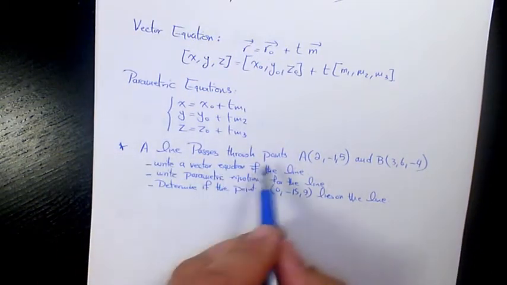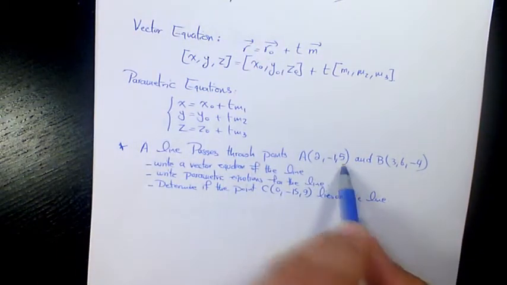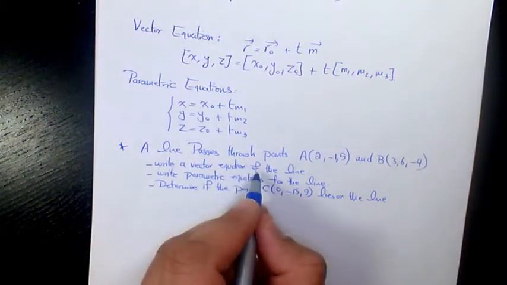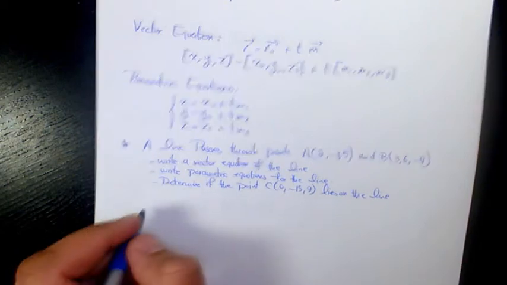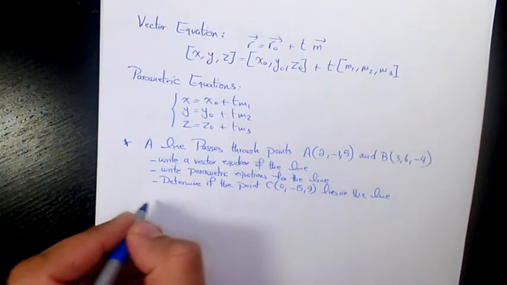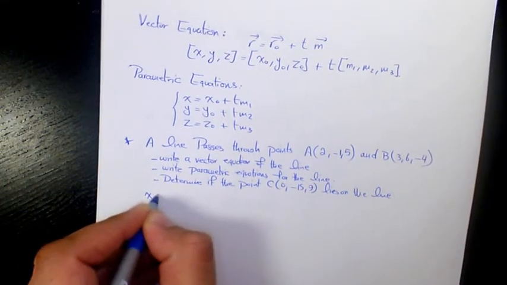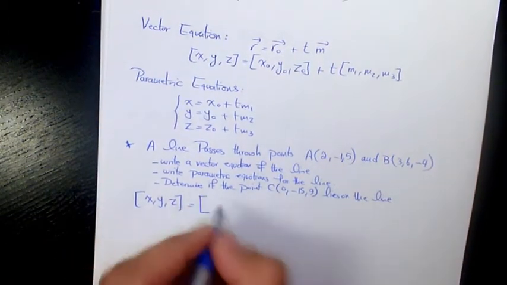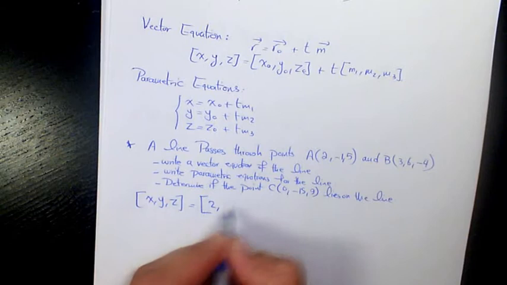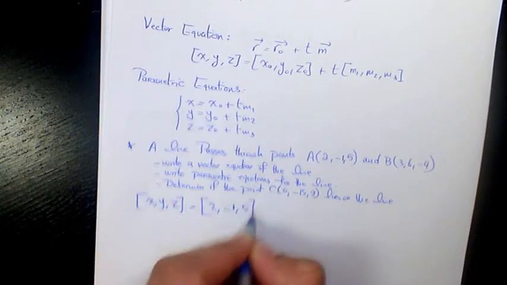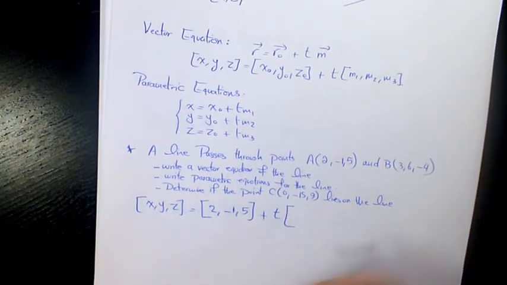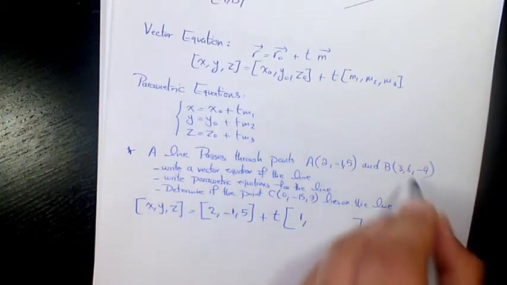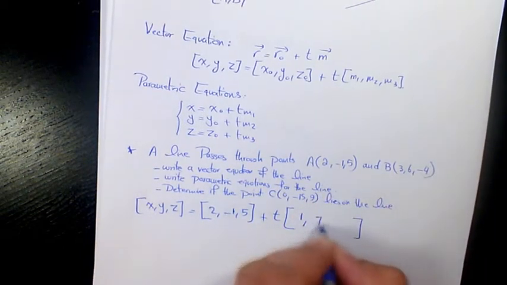A line passes through points A, 2, negative 1, and 5, and B, 3, 6, and negative 4. Write a vector equation of the line, which is going to be x, y, z equals any of these 2 points, 2, negative 1, and 5, plus t times m. m1 is 3 minus 2, which is 1. 6 minus negative 1 is going to be 7.